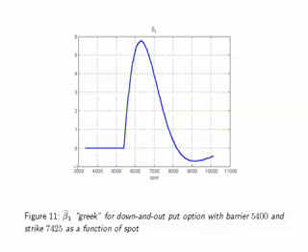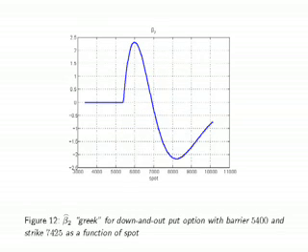As you can see, this is a very similar shape but inverted, but in our case it doesn't matter. Then we also have the beta 2 Greek, so the shape is a little bit different. Maybe it is the same near the barrier, but it has a different size near the spot.